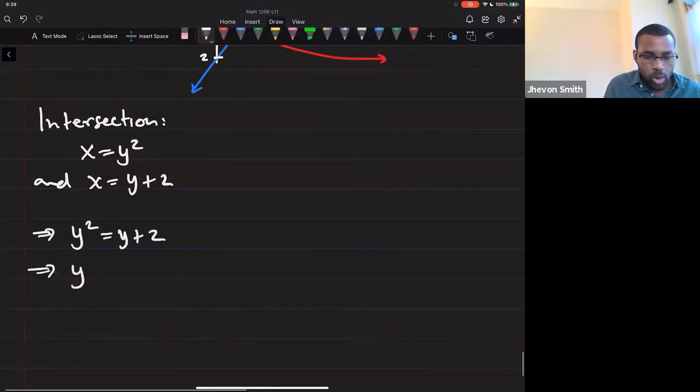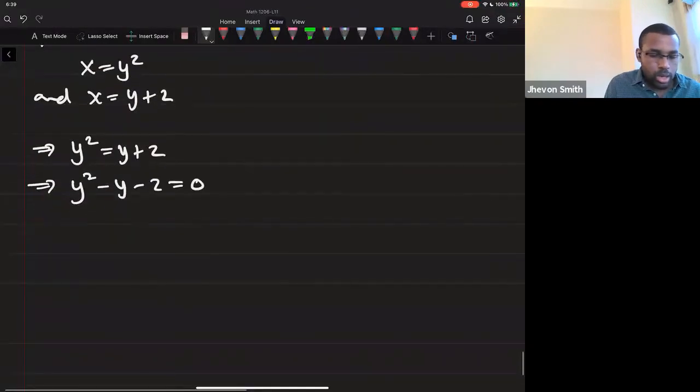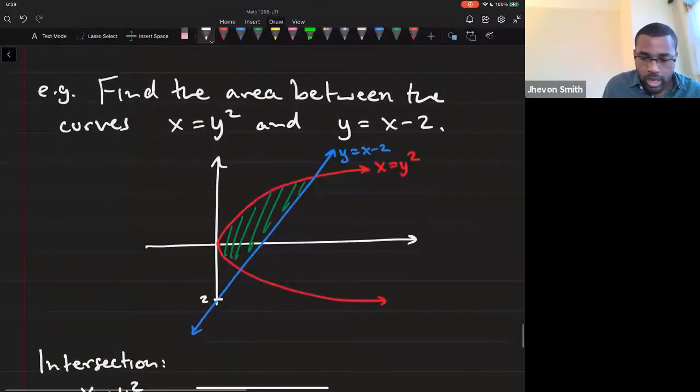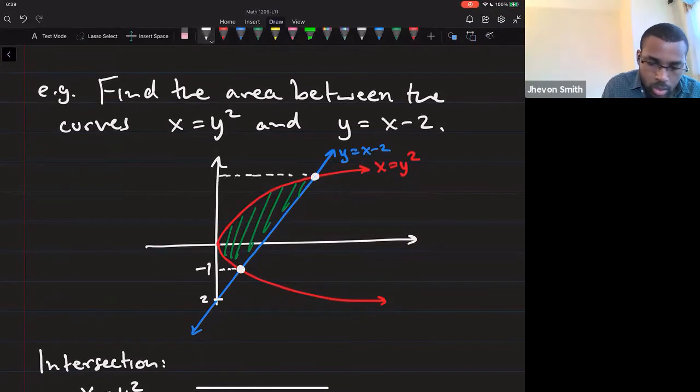This means I want y squared minus y minus 2 equals 0. This means I want y minus 2 times y plus 1 equals 0. This means I want y equals 2 or y equals minus 1. So this here would be minus 1. This here on the y-axis would be 2.